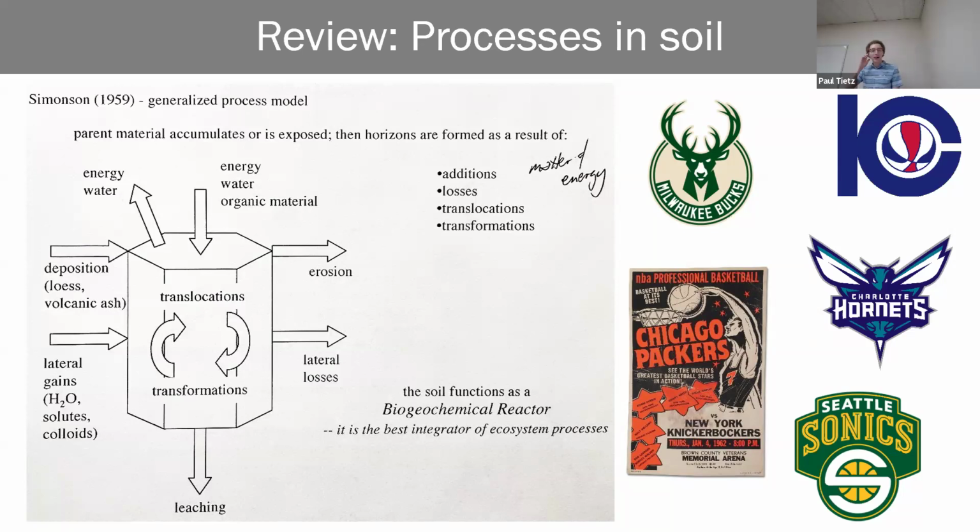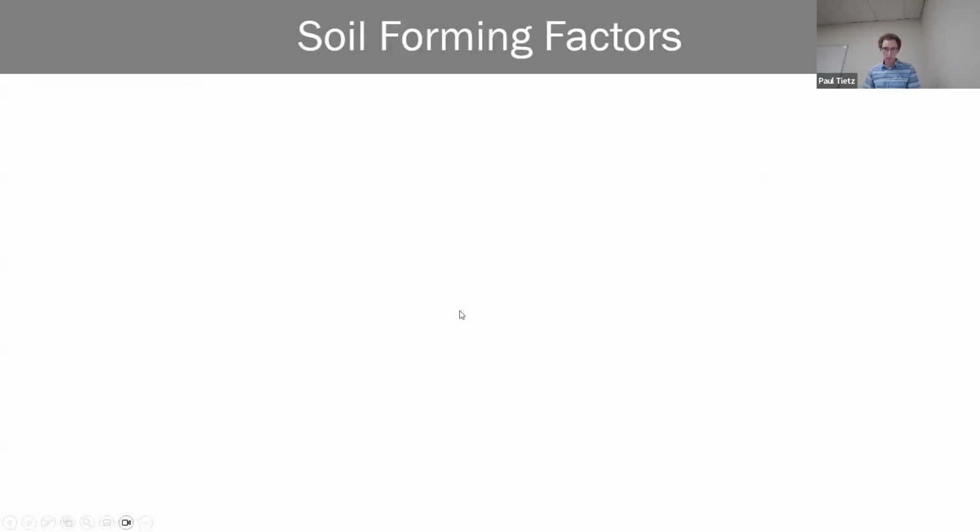So we've got these soil forming factors we're going to talk about for the next 4 or 5 lecture topics, and we name them CLORPT. CLORPT is our acronym, our nickname for these 5 soil forming factors. We're going to cover the first one today, climate. CL in CLORPT stands for climate.